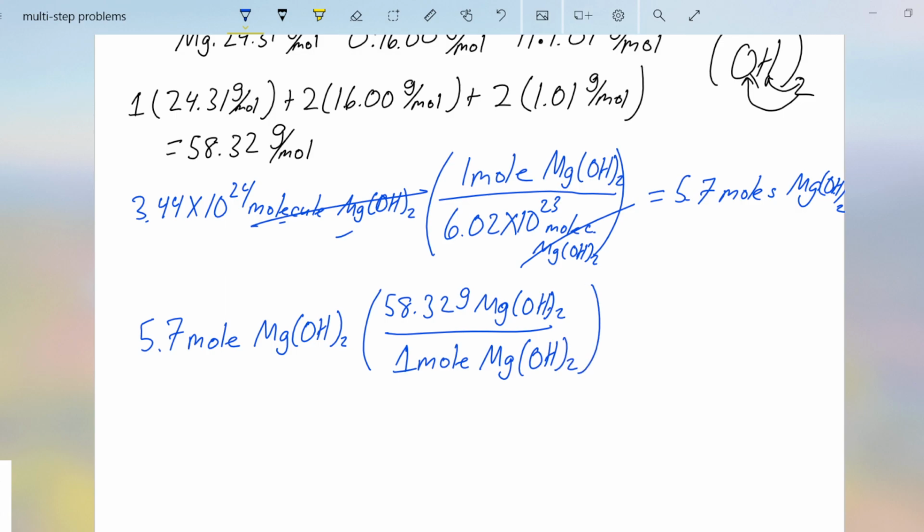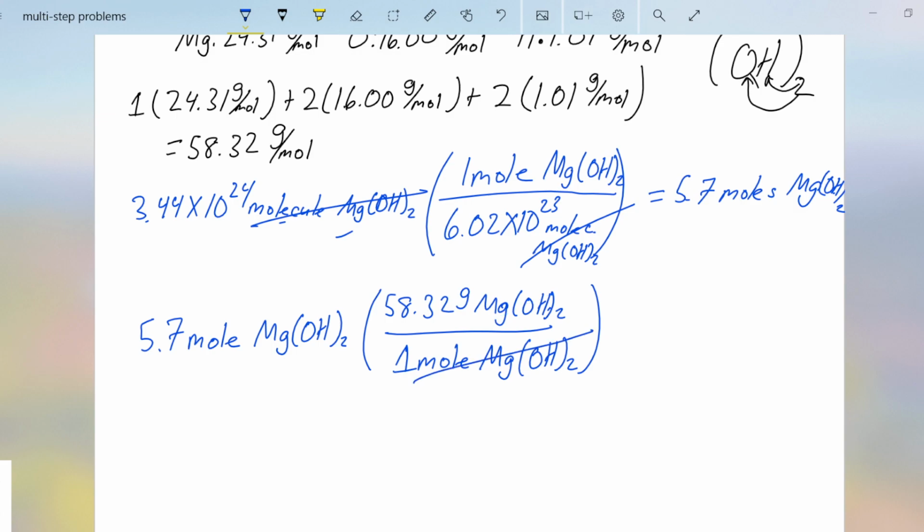You don't need to actually include the molecule. I do this because if we convert to total atoms, it's often useful to see that we're going from a number of molecules of MgOH2 to number of atoms of magnesium or something like that. It's easier to see that when we do those types of conversions, but it's not entirely necessary.